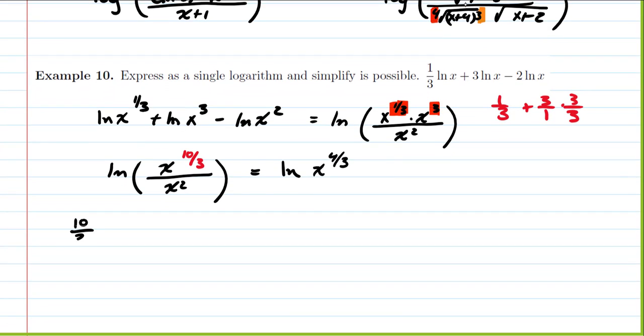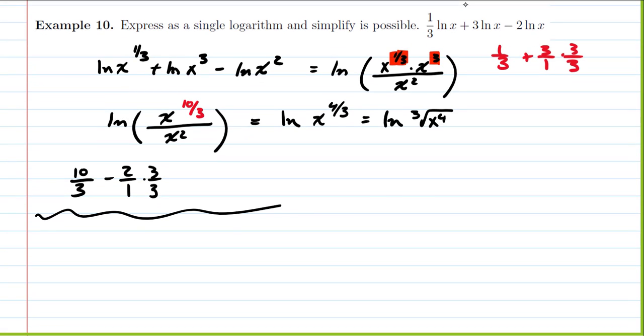And 10 over 3 take away 2, multiply by 3 over 3 gives us 4/3. So then as our single logarithm, we could write this as the natural logarithm of the cube root of x to the 4th, and one could argue that that could be simplified.